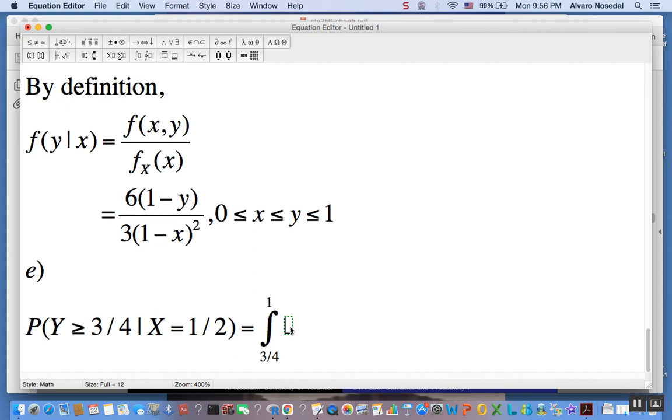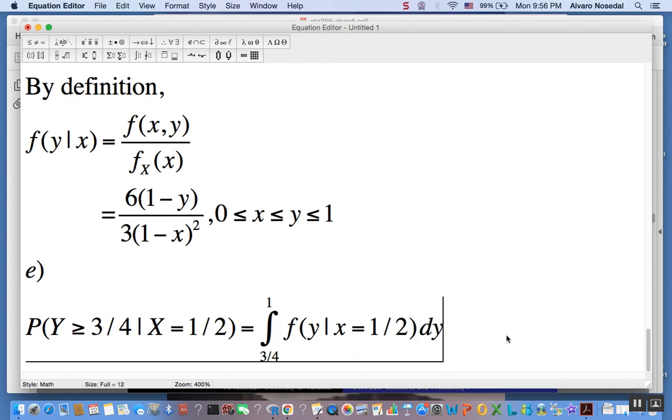The one that we have to use here is the conditional density of y given x equals 1/2, and then this is with respect to y.